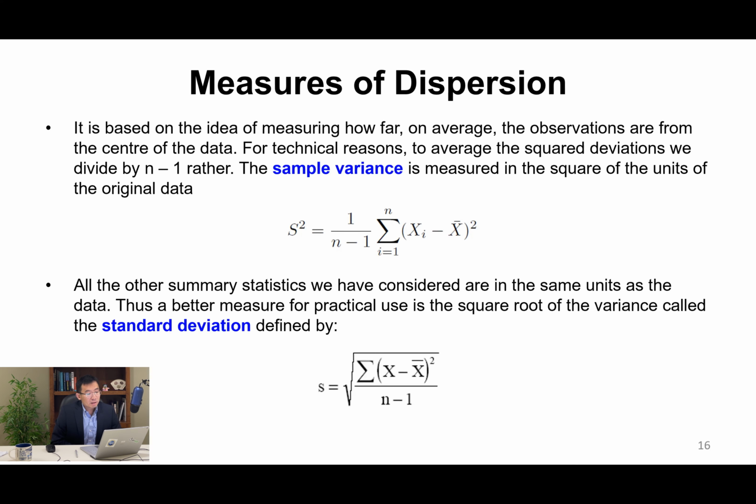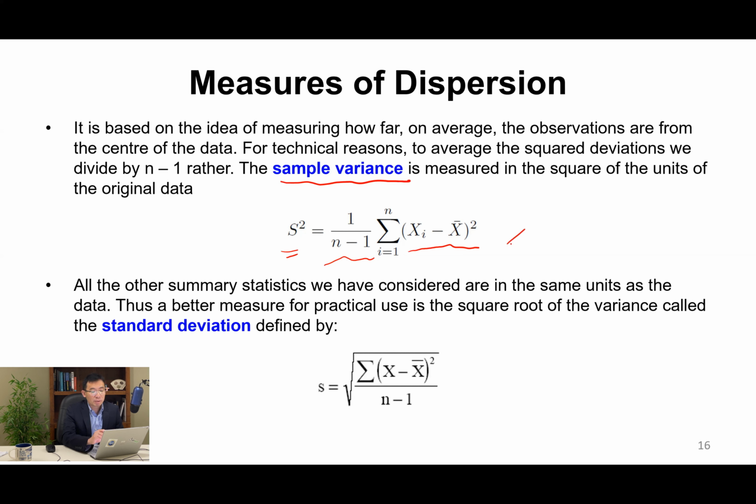The second measure of dispersion is based on the idea of measuring how far on average the observations are from the center of the data. So sample variance. Here, sample variance is the sum of squared deviations from the center of the data, and then we divide by n-1.